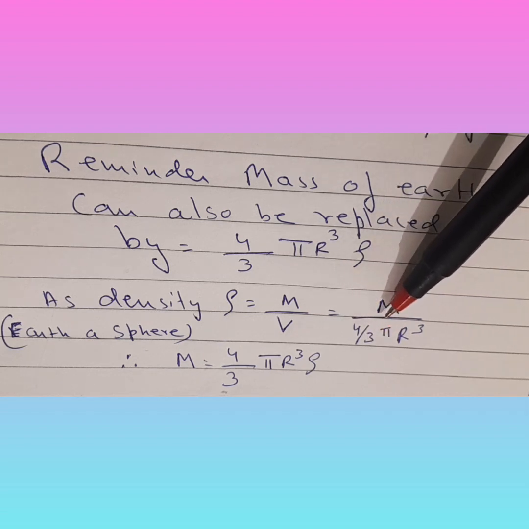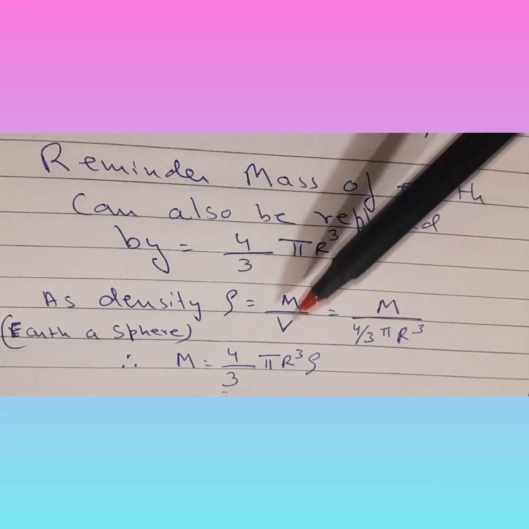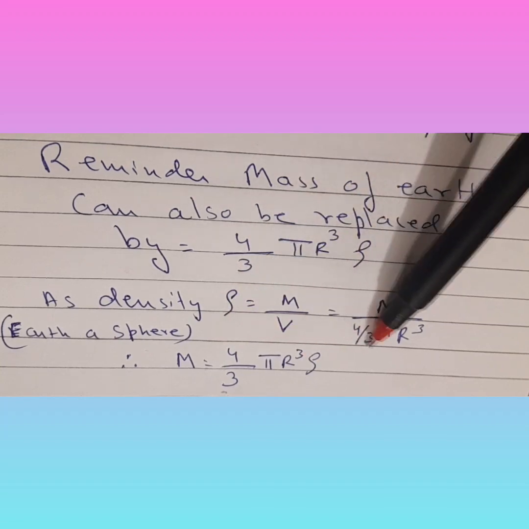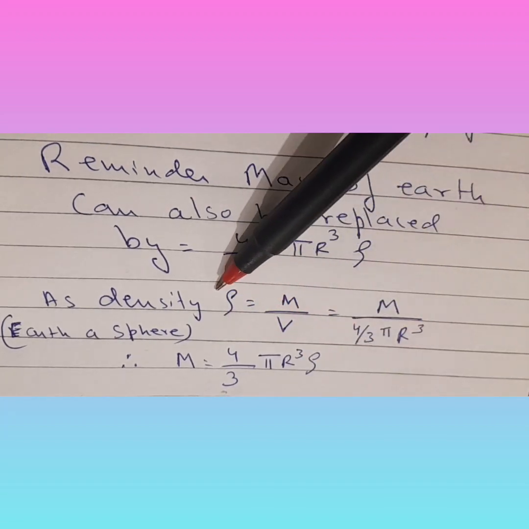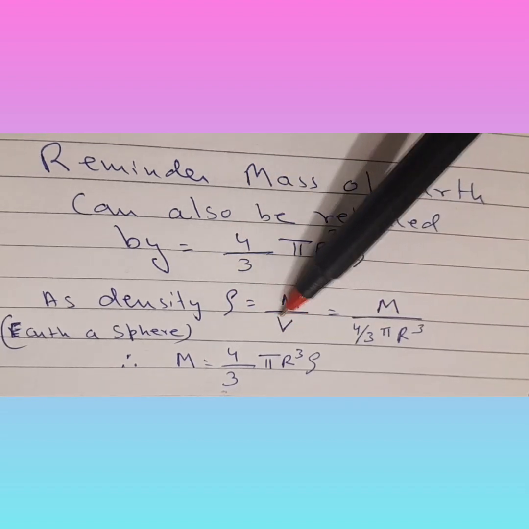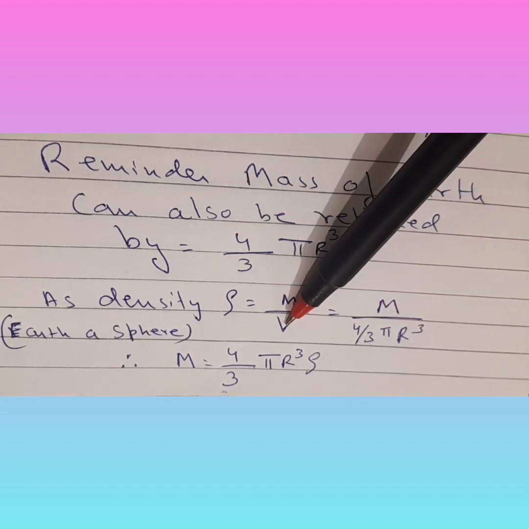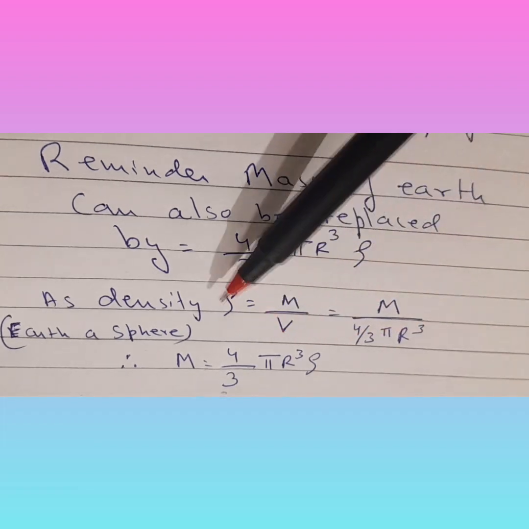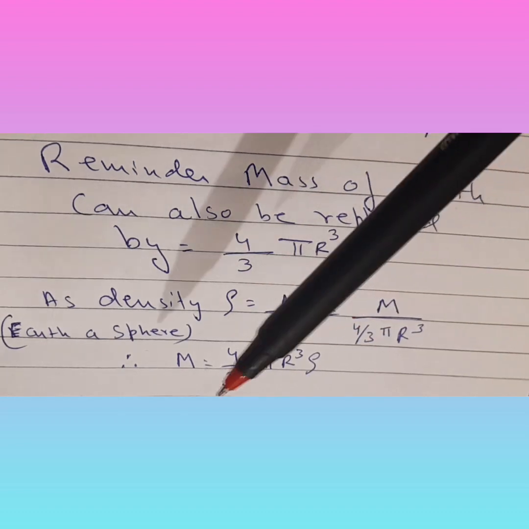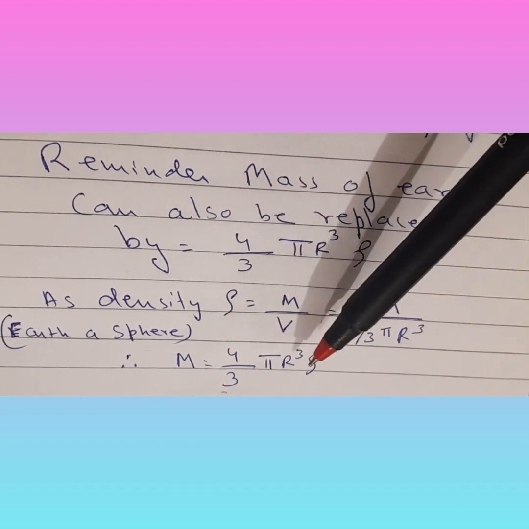Alright. So now what do we do? We want to get it in terms of mass and rho. So what I do is I take it there, multiply it with rho, so I get mass. So we take the denominator over here, multiplied with rho to get M. So M is equal to 4 by 3 pi R cube rho.